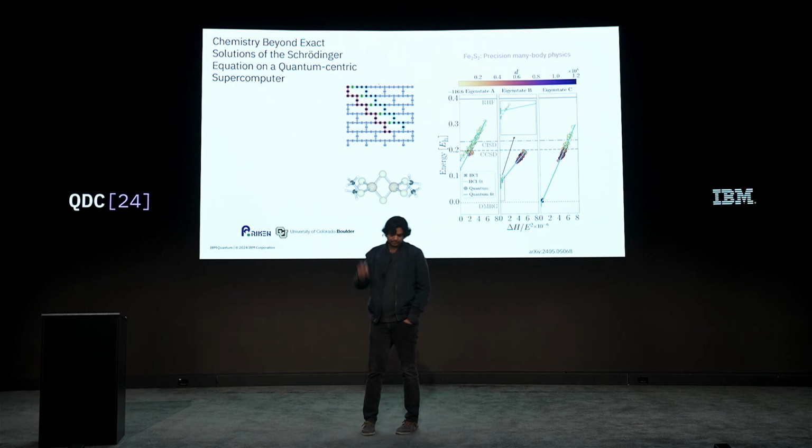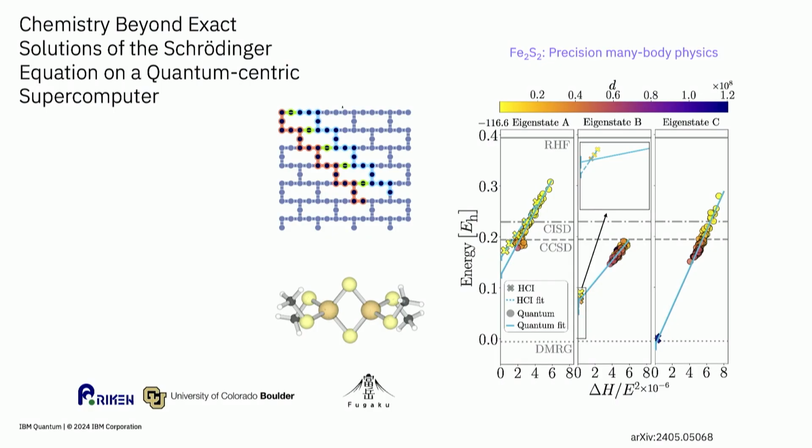And already we see, this is an example of Fe2S2, I believe with 45 qubits. And basically with the linear extrapolation of the quantum data, we were able to see that the values you get already begin to compete with really state-of-the-art classical methods, right? So this is really a powerful direction that leverages the best of quantum and classical HPC, right?